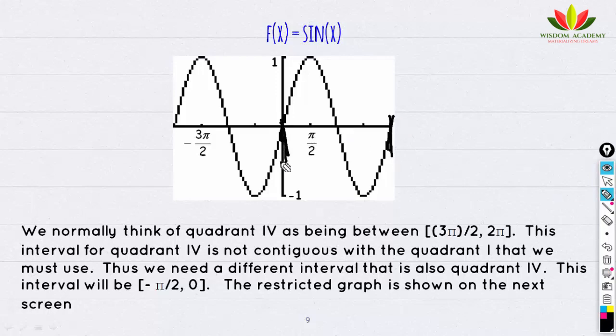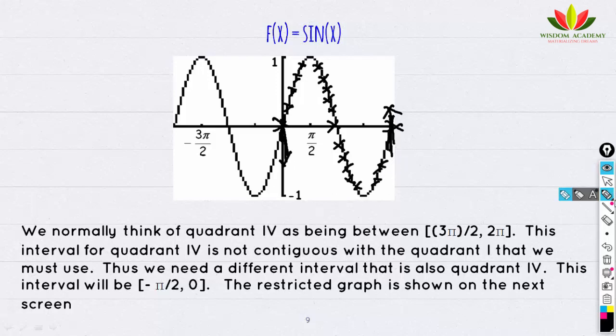Anybody's obvious choice will be this, but definitely this is not a one-to-one function. Why? Because I am getting 0 three times, and even the increasing part I am getting two times here. So this cannot be a bijective function.